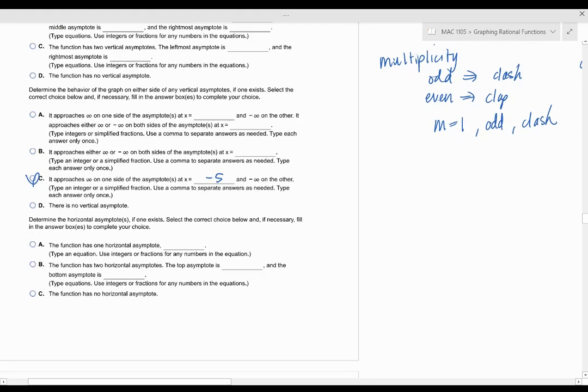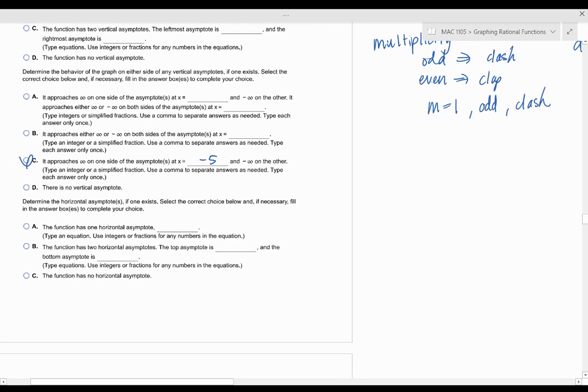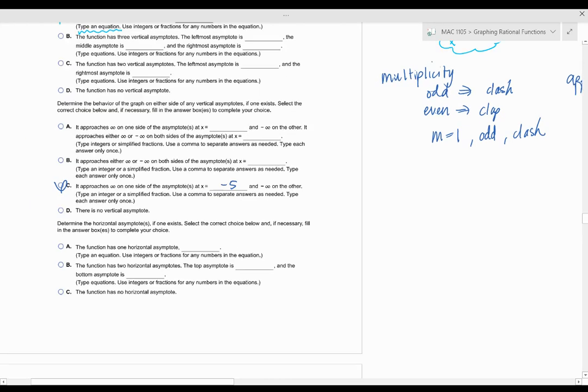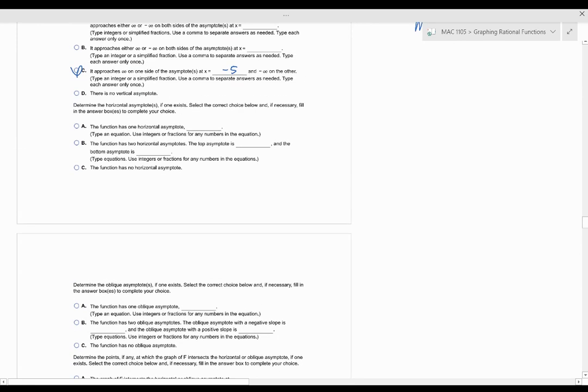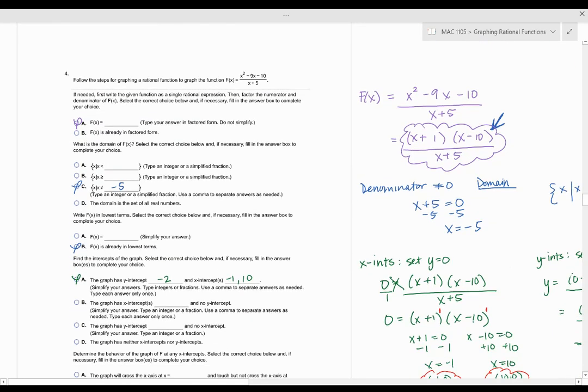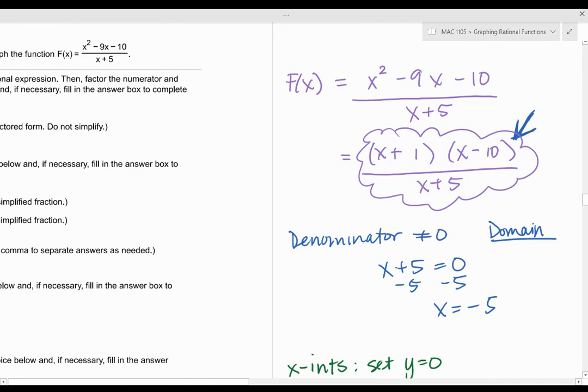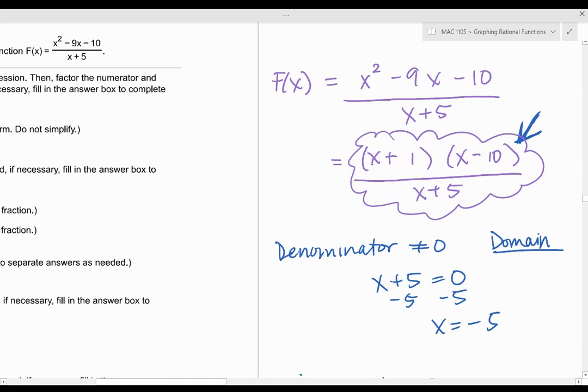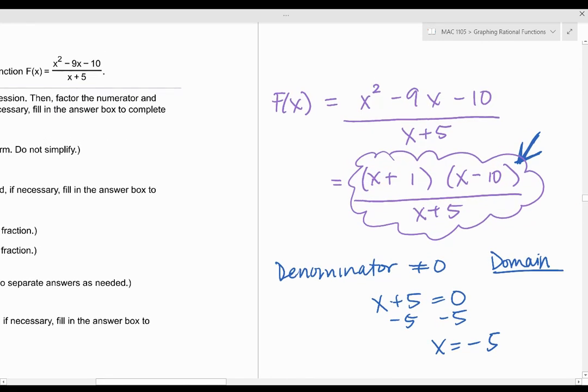The next section wants us to determine whether or not our graph has a horizontal asymptote. So let's go back up and look at our function. Remember, you determine horizontal asymptotes if the degrees are the same or if the larger degree is in the denominator.